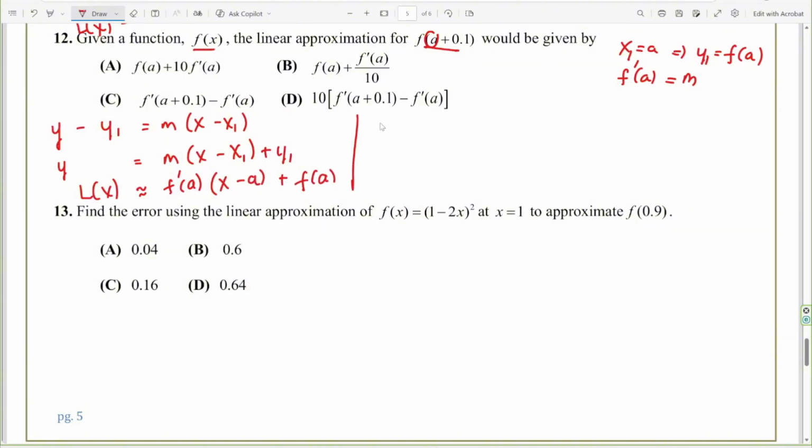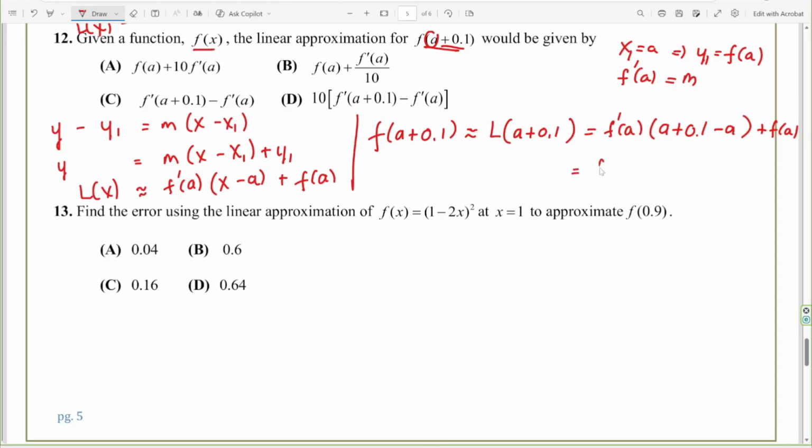So f of a plus 0.1 is right here, right? It's the same thing as L of a plus 0.1, right? So substitute a plus 0.1 for x, right? So it's going to be f prime of a times a plus 0.1 minus a, right? Plus f of a, right?